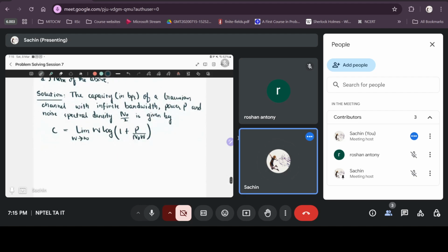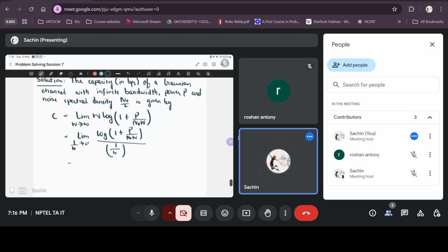So we can write this as limit of log of 1 plus P over N0 W divided by 1 over W, as 1 over W tends to 0. This is in the 0 by 0 form because 1 plus P over N0 W tends to 1 and log of that is 0.